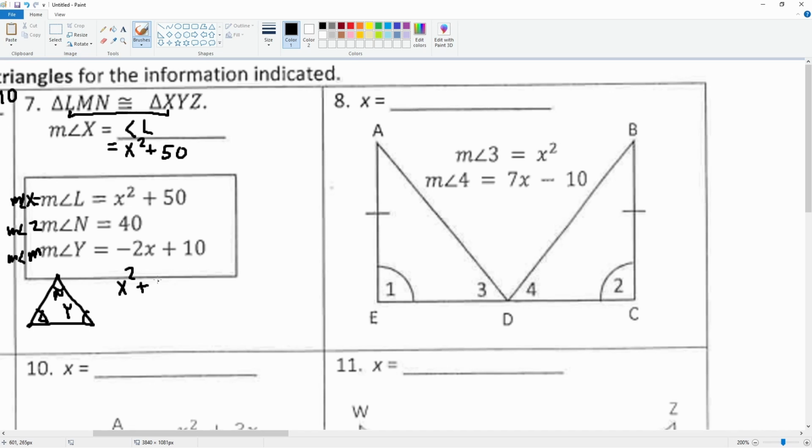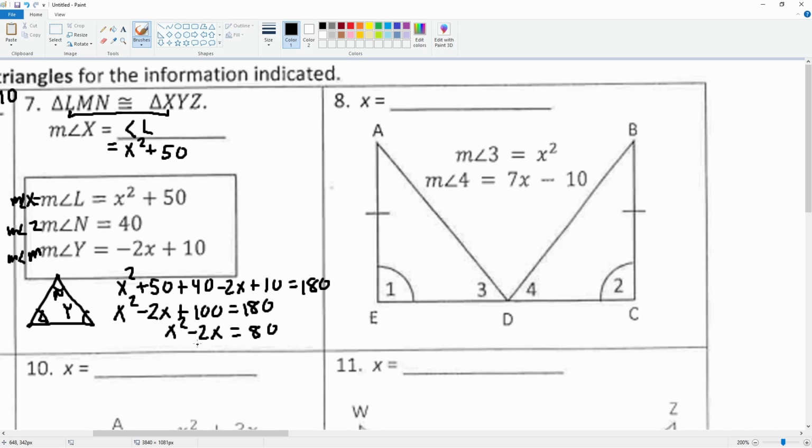x squared plus 50 plus 40 minus 2x plus 10 is equal to 180. So let's see, this is x squared minus 2x plus 100 equals 180. Minus 100, x squared minus 2x is equal to 80. Then you can factor this.